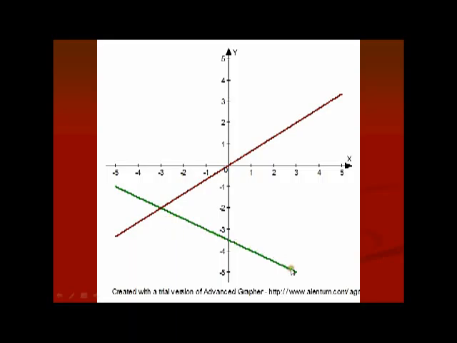All the points on green represent an x, y combination that works for that first equation. All the points on the red line represent an x, y combination that works for that second equation. The only point that works for both of these is right there on both lines.